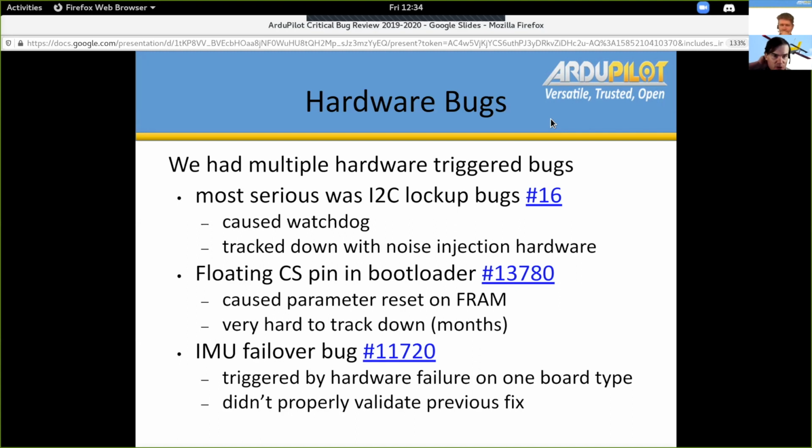We really didn't do our due diligence when changing the I2C hardware driver and not validating that it's immune to noise. That obviously has been done now, and in our releases it's all fixed. I hope the last of those I2C bugs is gone, but it was easily the worst bug that we've had for a long time.